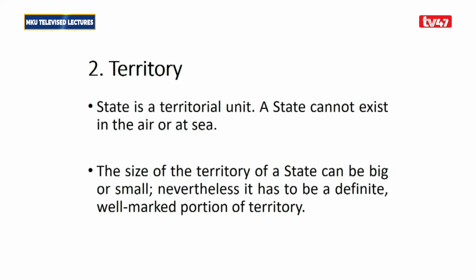That's why there are borders: the Kenyan border, the Ugandan border, the border at Rwanda. We are saying that there is a portion based on the territory, and we can use a territory to define what is a state. There is even a demarcation, and we are able to tell how big or how small a state is, because it is well marked in terms of the portion.